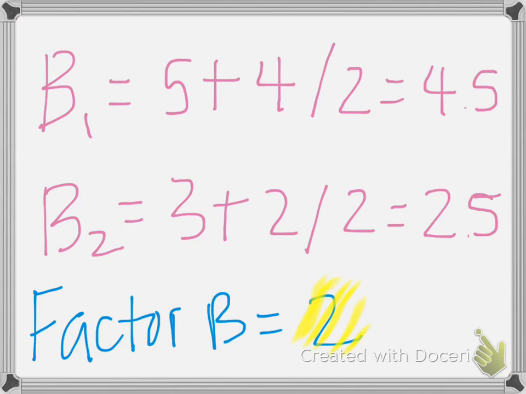As we did in letter A, where I showed you how to average the rows, in problem B you average the columns. So 5 plus 4 divided by 2 is 4.5. 3 plus 2 divided by 2 is 2.5. And you subtract 2.5 from 4.5 to get the difference between the columns of B. And so factor B's main effect is 2.